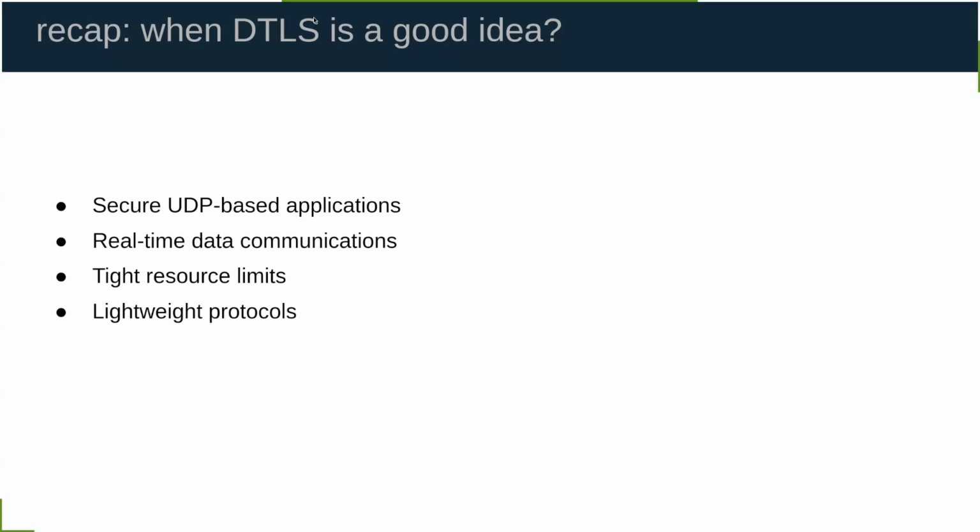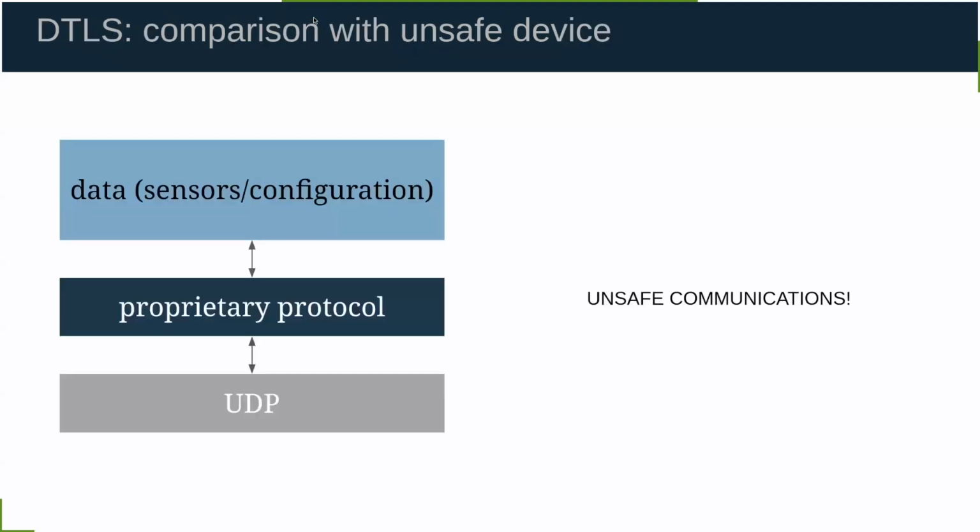So if I have a very tight constraint in memory, be it runtime memory or code size memory, then DTLS can be a choice to reduce these and consume fewer resources. And of course, for lightweight protocols.